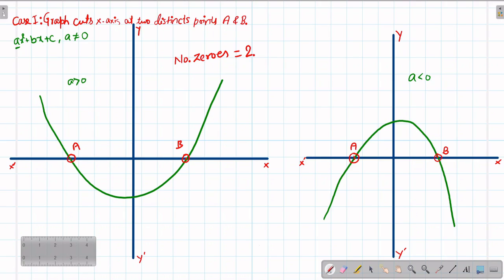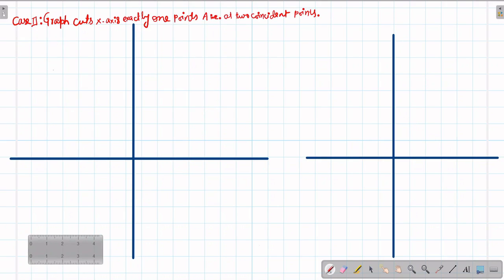Next case, maybe the graph cuts the x-axis at exactly 1 point, that is, at two coincident points. Again I am writing the standard form of a quadratic equation, ax square plus bx plus c, where a can't be 0.